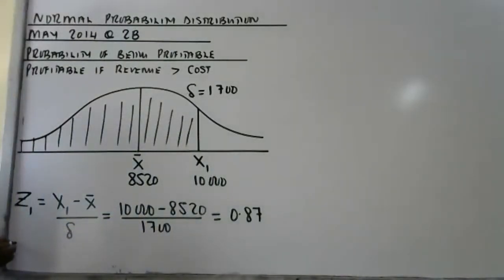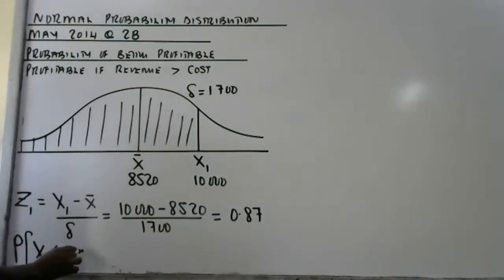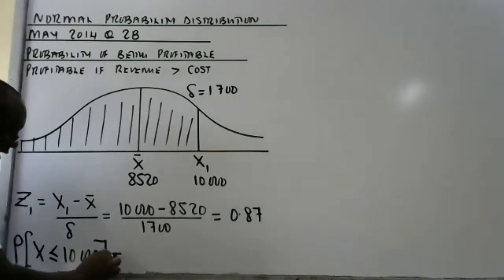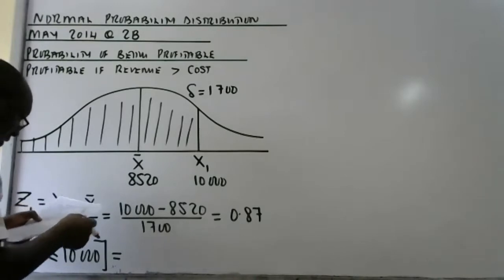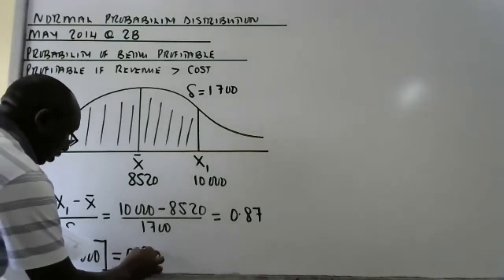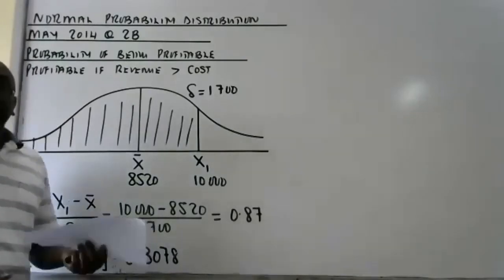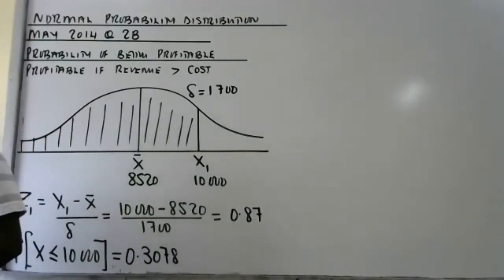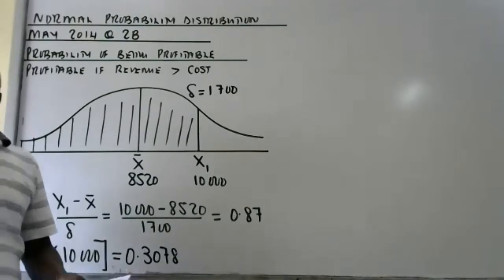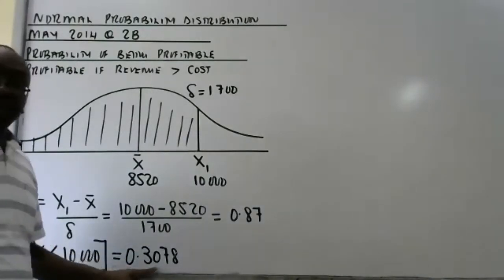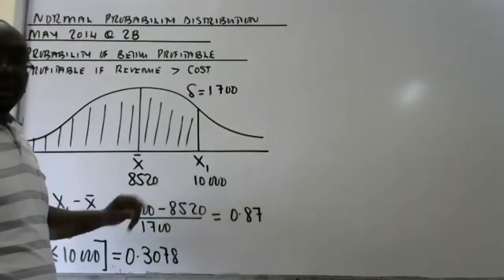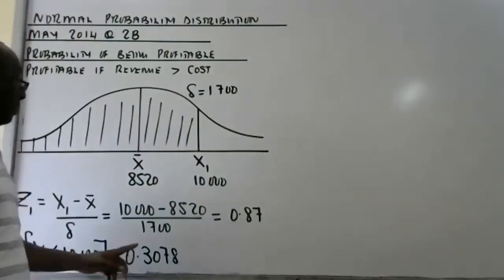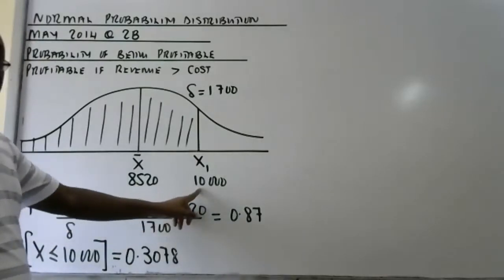So that now means the probability that X is less than or equal to 10,000, for 0.87, is 0.3078. Now, when you read from the tables, this is always the probability between X bar and X1. So this is the probability between 8,520 and 10,000.